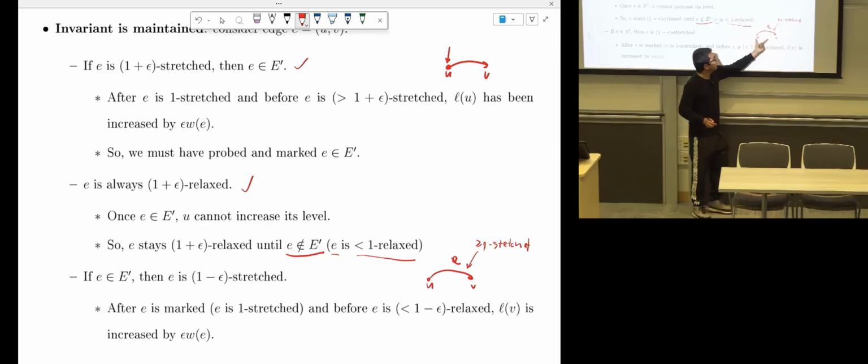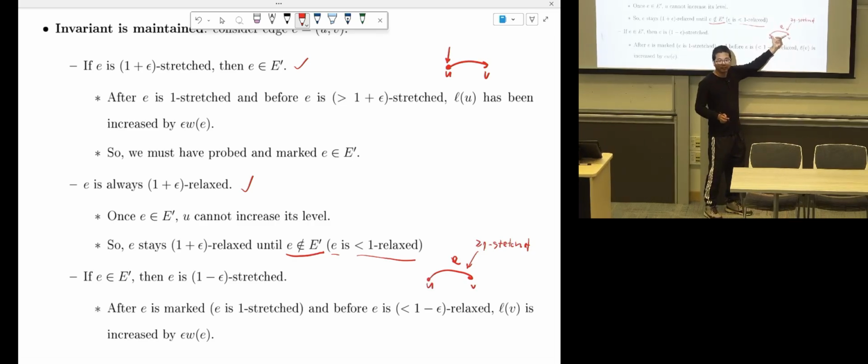But this edge can become a bit more relaxed actually, right? How? Because U cannot increase the level now if it's marked, but we can still increase the level of V. If we increase the level, then the edge becomes more relaxed. But I want to say that the edge cannot become too relaxed as long as it's marked.